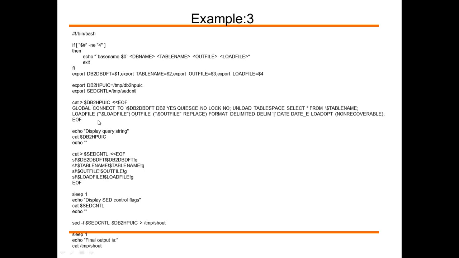This is how the HPU syntax is. Connect to database, don't touch the table spaces on that, just unload this. While unloading, it generates the load file as well, and it will generate that load file syntax for us, so that if something goes bad, you can just run that load file.